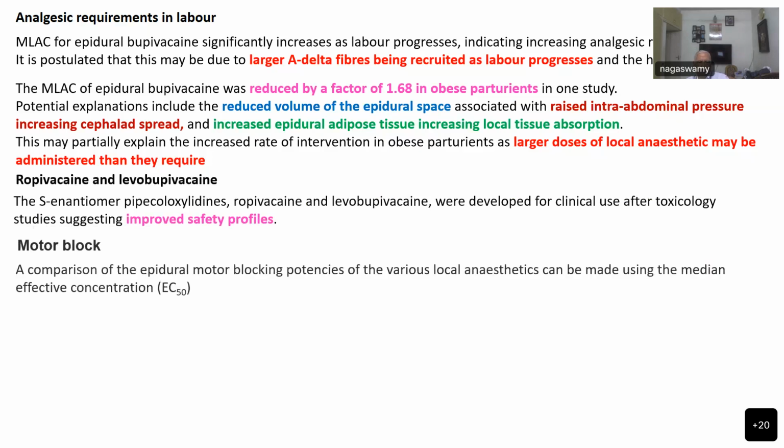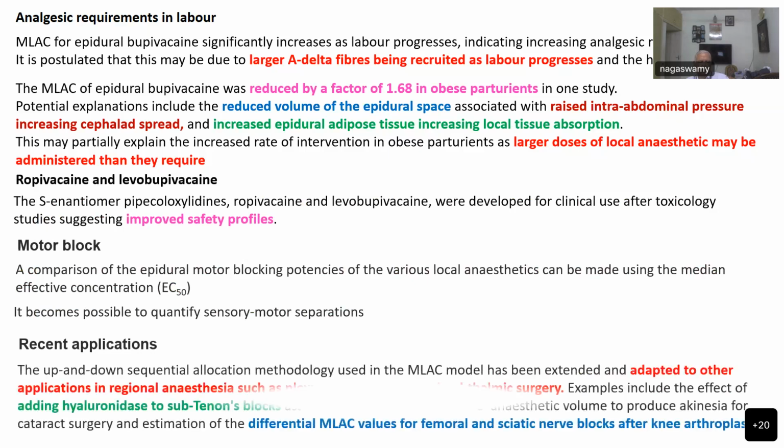And motor blockade can be avoided by giving a lower concentration, and it is possible to quantify the sensory motor separation also. By adjusting the concentration, we are able to separate the sensory block from motor block. And the recent applications: the up and down sequential allocation model used in the MLAC model has been extended and adapted to other applications of regional anesthesia, such as plexus or nerve blocks and in ophthalmic surgery.